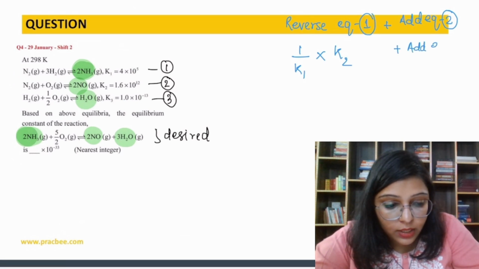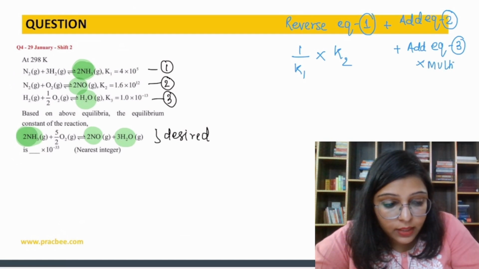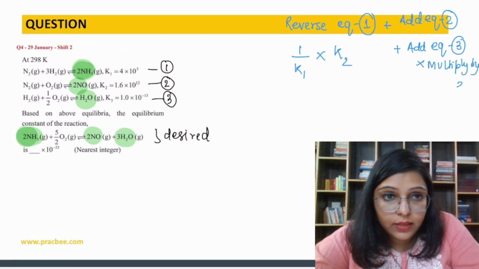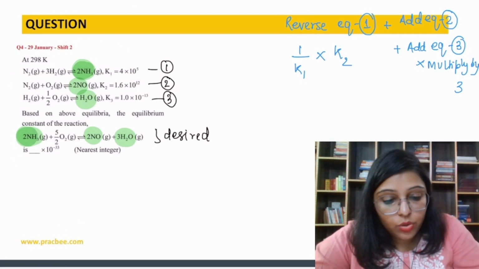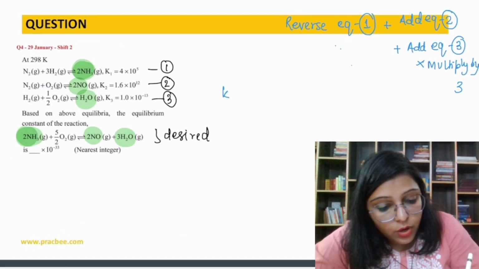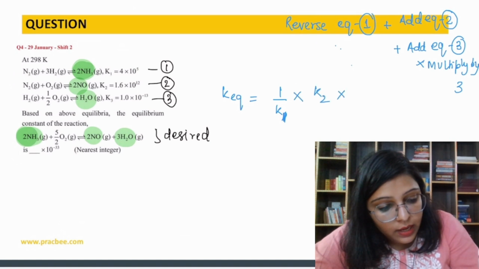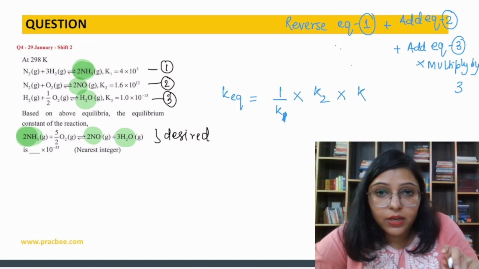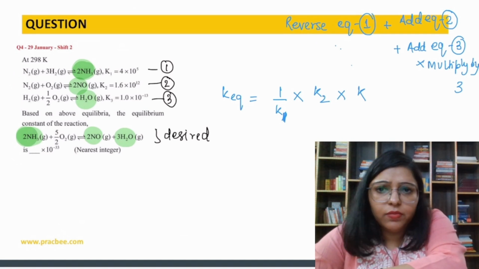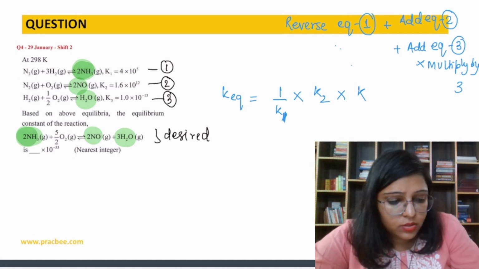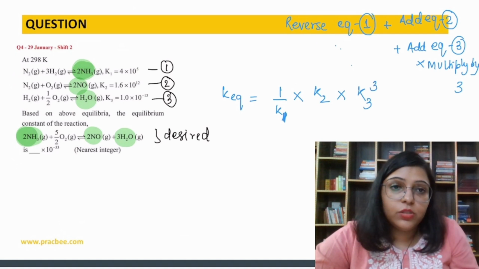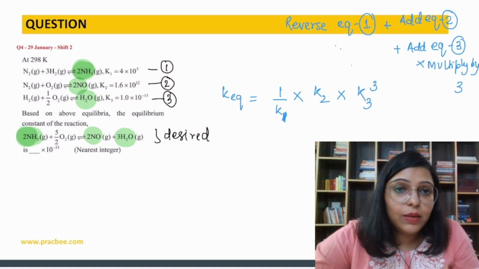Add equation 3, but before adding, multiply by 3. ठीक है, तो overall K equilibrium is going to be 1 by K1 into K2, and then third equation, no reverse, it's just K3 का power 3 because multiply किया. That's it. You get the same equation.